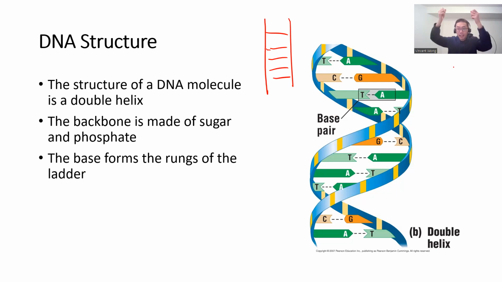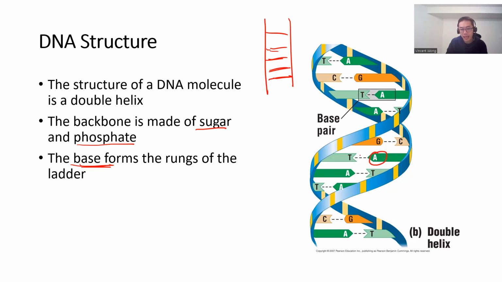The side of the ladder is made up of the sugar and the phosphate. Remember the nucleotide has the sugar, the phosphate, and the base. So just the sugar and the phosphate make up the sides of the ladder. The rungs, like the ones that you climb on, are made up of the nitrogenous base.